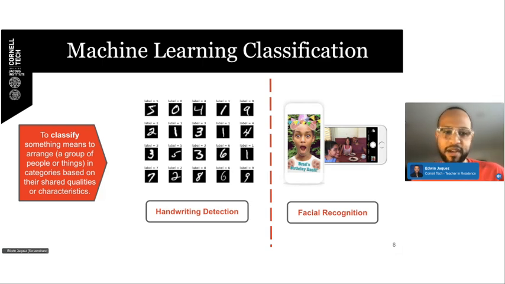Machine learning uses this data to make classifications. And so to classify simply means to arrange or put things into groups or categories based on their qualities and characteristics. And some of this is used in the real world, such as handwriting detection software and tools. So like in the post office, when you mail a letter and you handwrite the address, it is fed through a machine that then interprets your handwriting, and the computer will then scan it and sort it to be sent to its final destination.